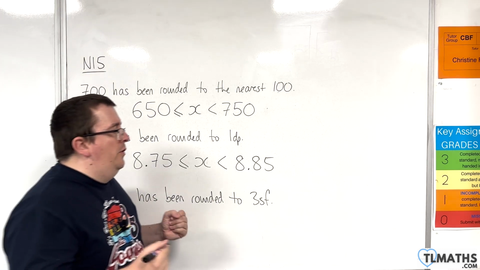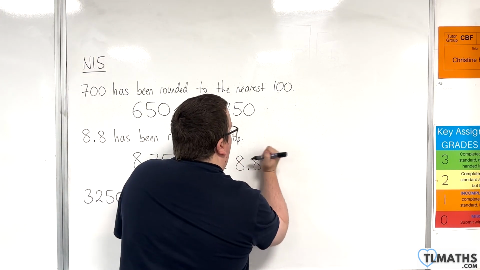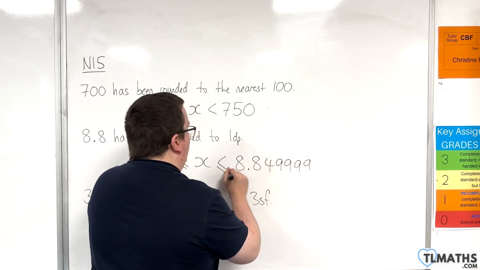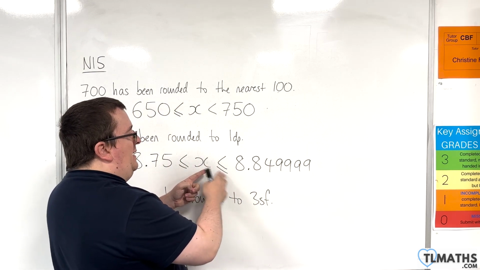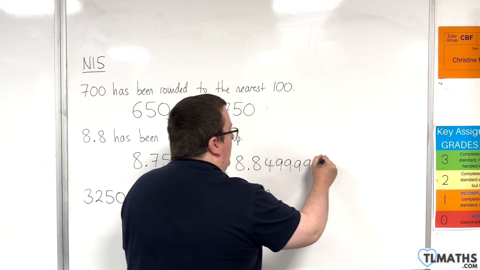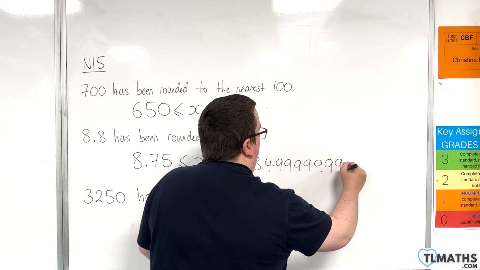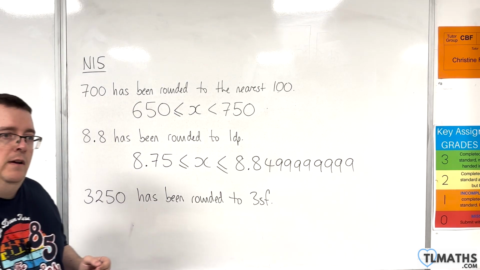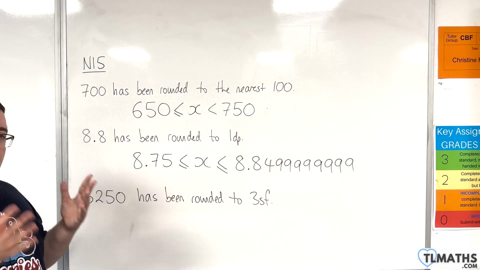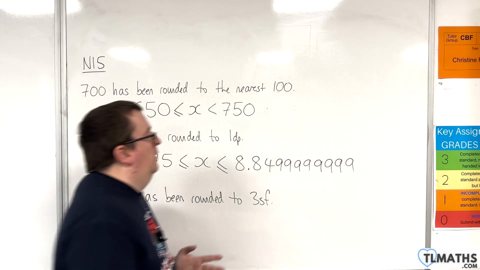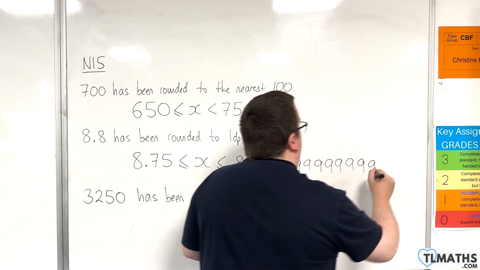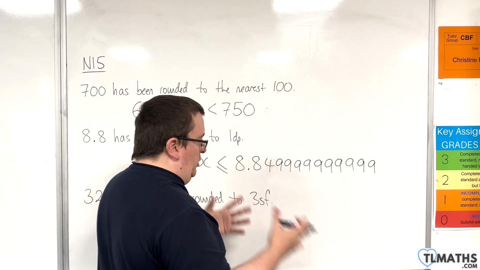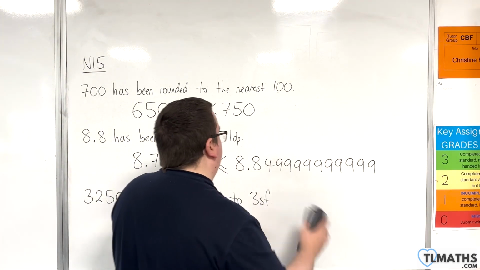Because if I put 8.499999 and said it has to be less than or equal to that, well, I could keep on adding 9s onto this, making a larger and larger number, but I can't write down what the largest number is.